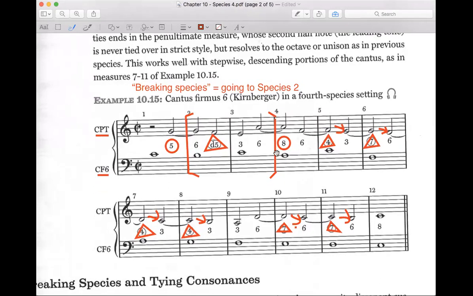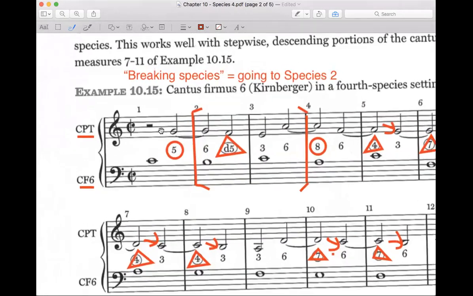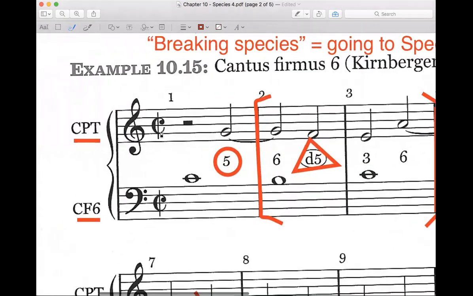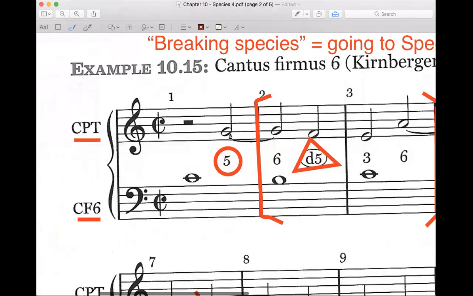Okay, how do you begin and how do you end? Well, just like we've seen in species 2, you can start either on the downbeat, or more often you'd be starting on the weak beat, starting with a tie. If you truly cannot do that, if you need another solution, well, you could break species right away. This would be preferable though.